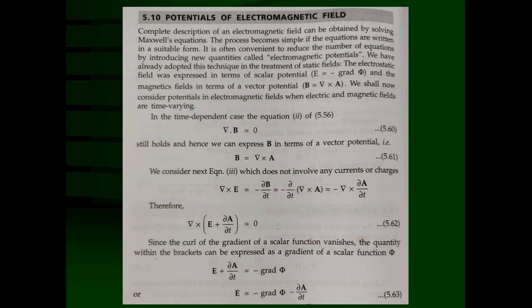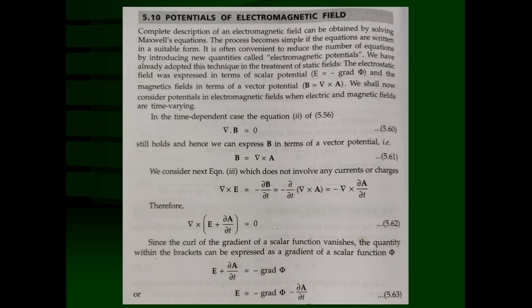So if there is a static electric field, then the relation between the static electric field and potential is given by this equation: E is equal to minus grad phi, or the negative gradient of potential will result in the electric field. Potential is a scalar quantity.